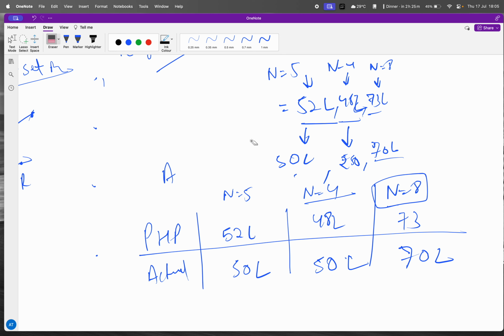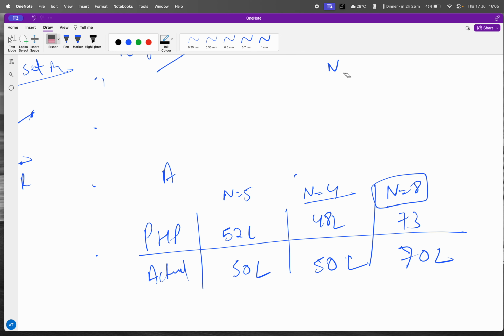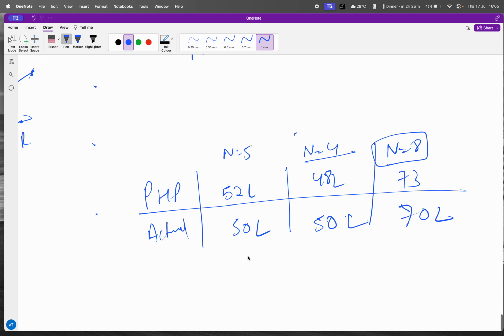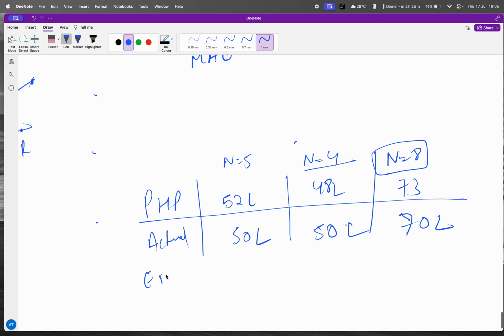Now, if you have to find the rest of these, MSE, MAE, RMSE, how can we find them? The basic stuff we can use. We'll find MAE first, mean absolute error. What is the error we are getting here? I'll write one more column, error. 2 lakh error.